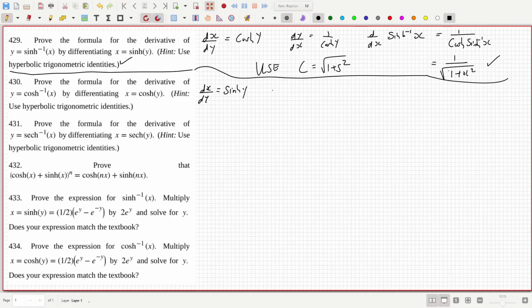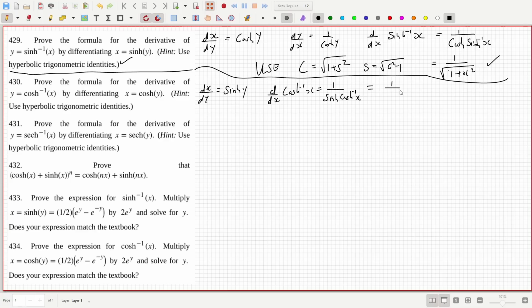So that means dy/dx is 1 over sinh y, and then we can use the formula sinh is root cosh squared minus 1.